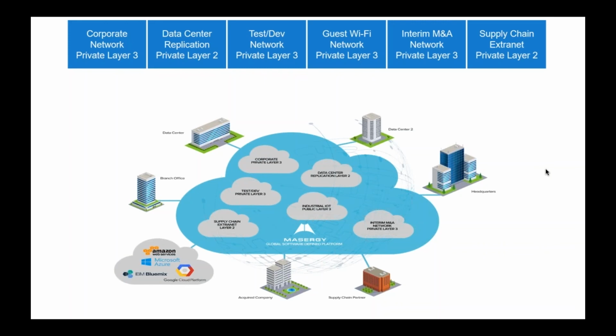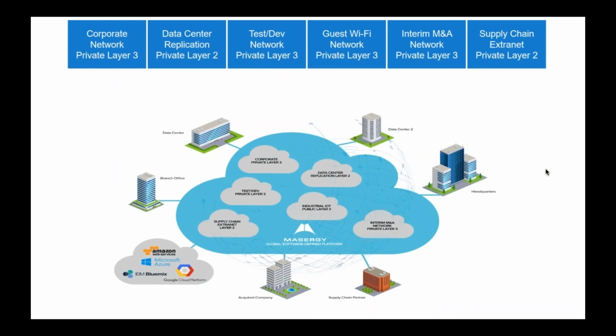With the Masergy core network, we allow our customers to create multiple virtual environments that really help organize their business. Some companies are simple. They just say, I just need one network, and that's it. But a lot of customers that we talk to like the fact that they can virtualize their business environment so that it's easier to manage. They can create a corporate network.